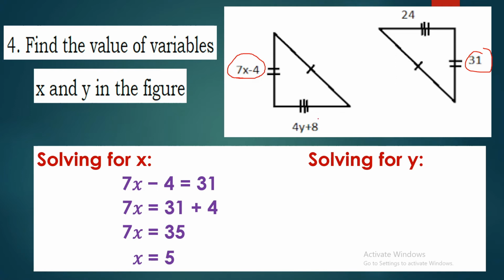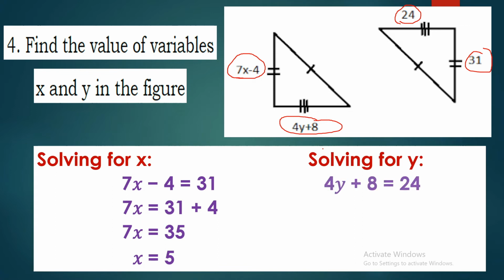y. On the first triangle, we have this side with the measure 4y plus 8 with 3 tick marks. On the other triangle, the side with 3 tick marks is the side with measure 24 units. That means we can equate the measurement of those two sides.